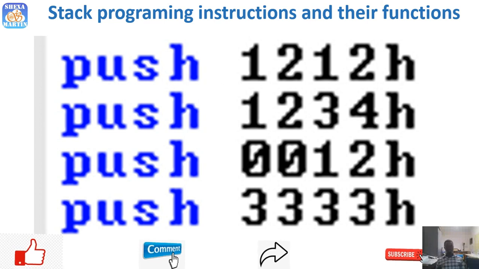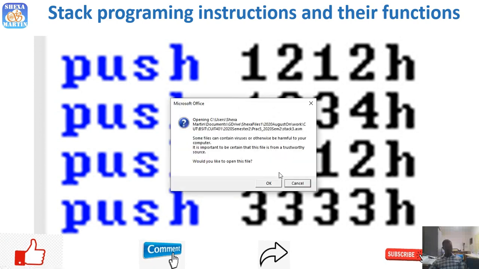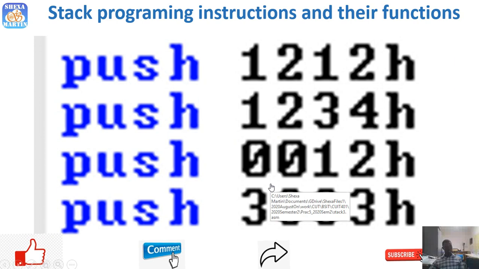We are pushing the immediate value. So which addressing mode is this one? This is immediate addressing mode. And then what's next? Let's just open the program and observe what happens when we run these instructions.